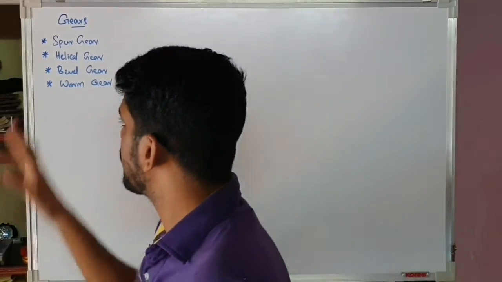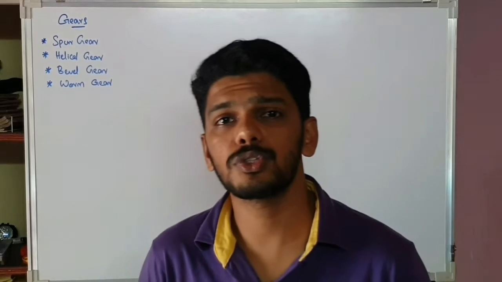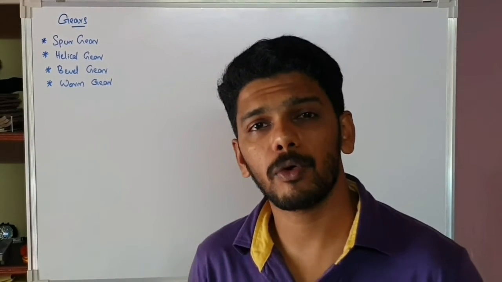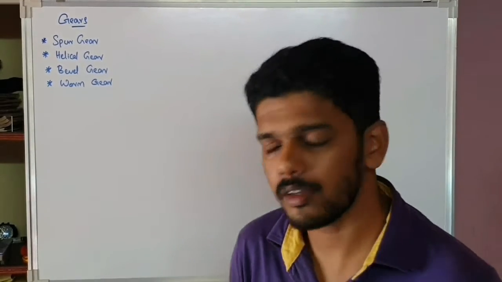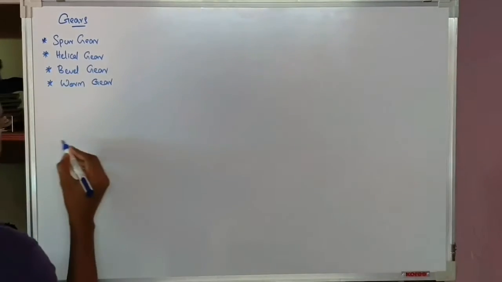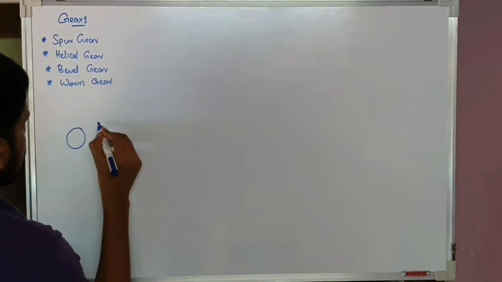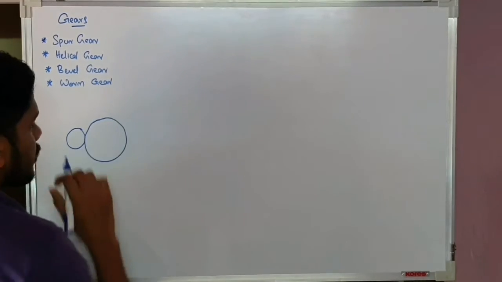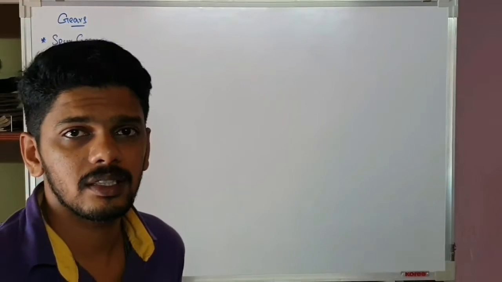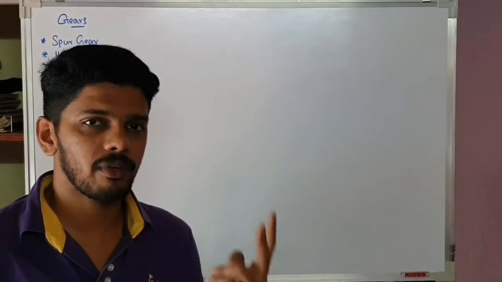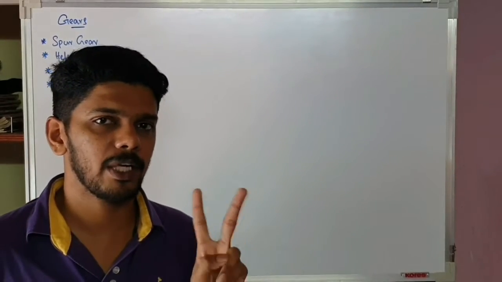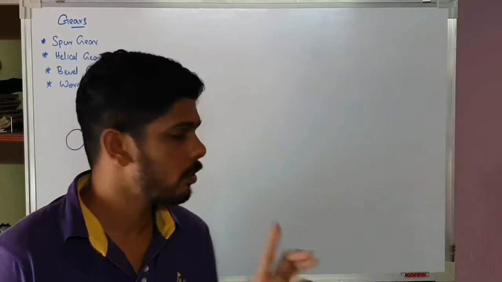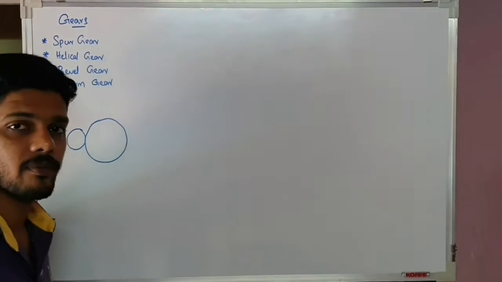Spur gear. Spur gear is used to transmit power on parallel shafts. I will draw a figure simply. As you know, a gear will not be drawn singly, because for transmitting power we need at least two gears.